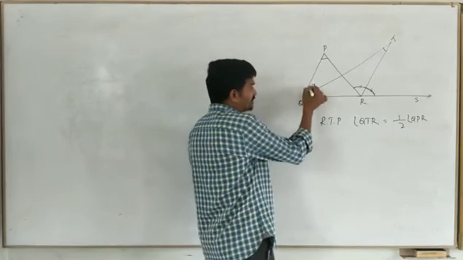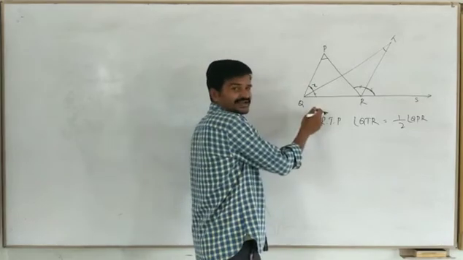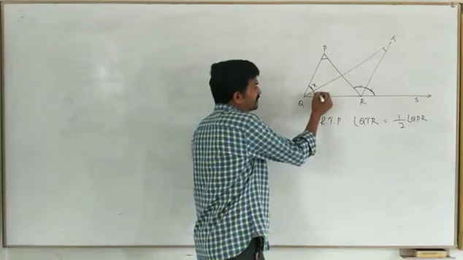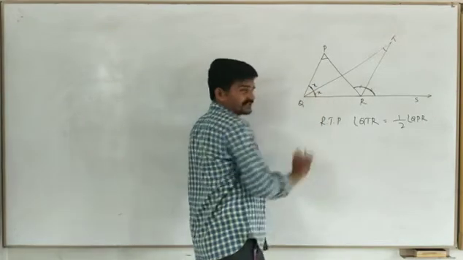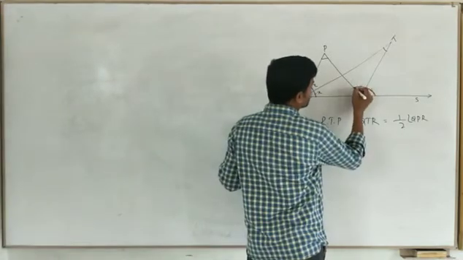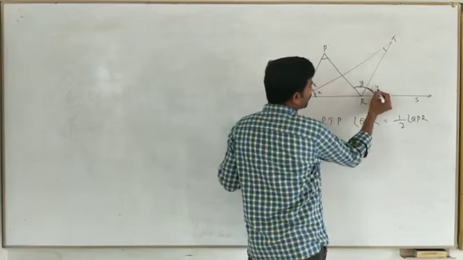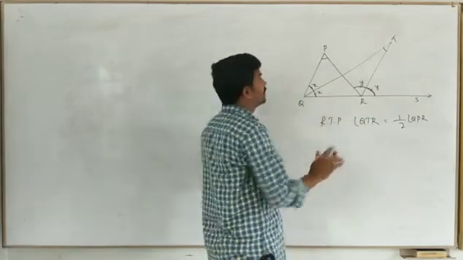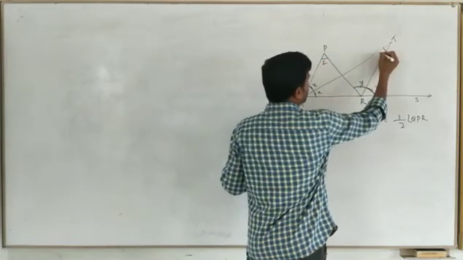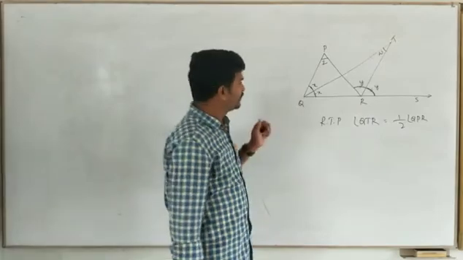X only. This measure is X, not complete angle. This measure is X means from here to here how much? It is also X because it is a bisector. Are you clear? And if I am taking this is Y, and this is how much? Y. Are you clear? And this one I am taking Z and this one I am taking W. Are you clear? Now what we need to prove?